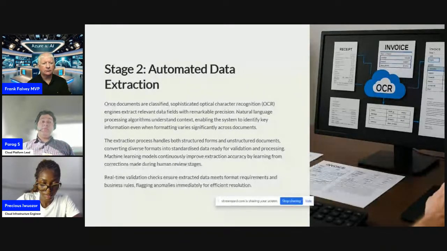The extraction process handles both structured forms and unstructured documents. This is really key because it can process all this data, make it available, and go through the accuracy checks and all the reviews it can do before it involves the human at a later stage, if need be. Real-time validation checks ensure extracted data meets format requirements and business rules, flagging anomalies immediately for efficient resolution.